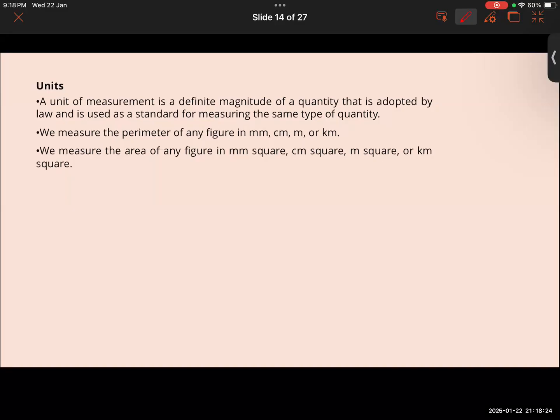That is area, no? I'm asking for the perimeter. 2 multiplied by length plus 2 multiplied by breadth. And for the square perimeter? Length plus length plus length plus length.